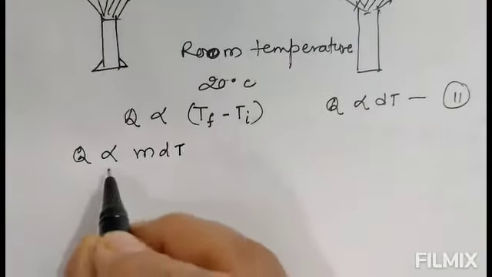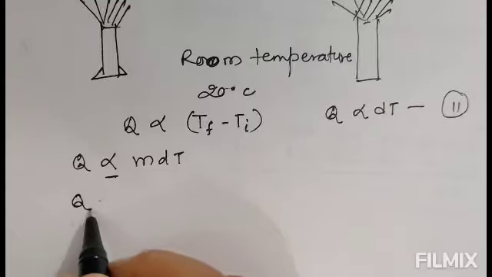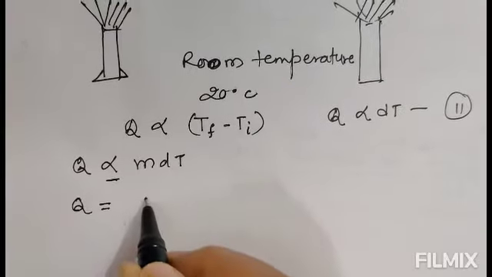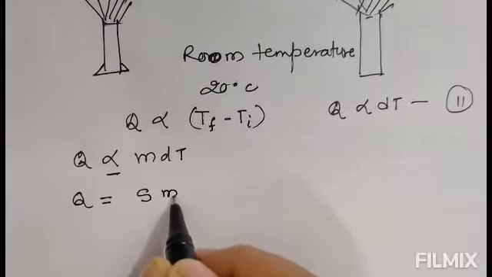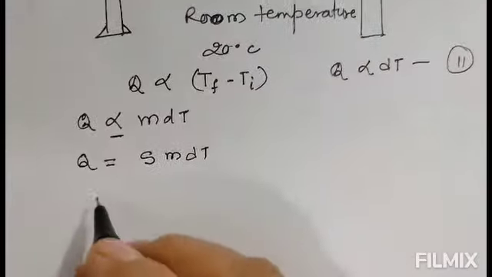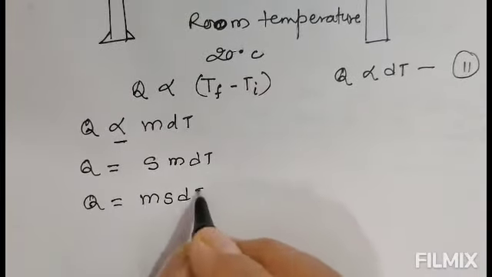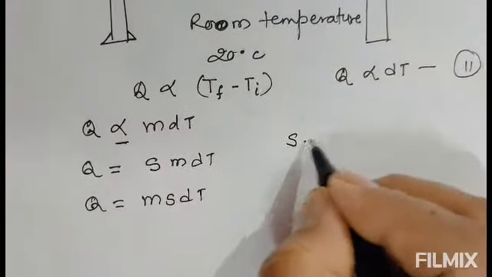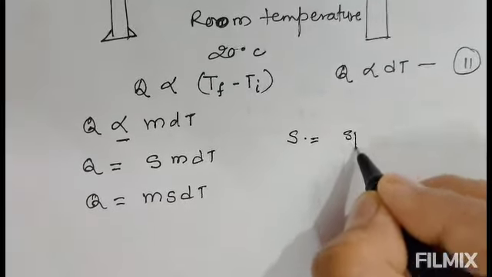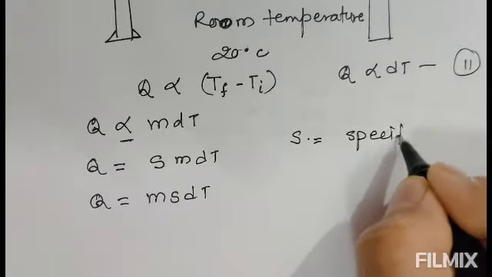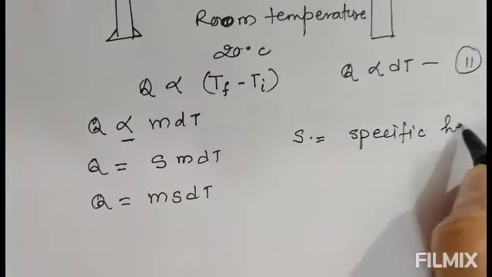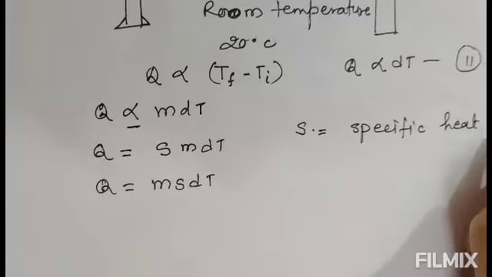If we remove this proportional sign, then we'll put a constant here. This is S m dT, or you can say Q is equal to m s dT. This S is a proportionality constant and this is called specific heat of substance.